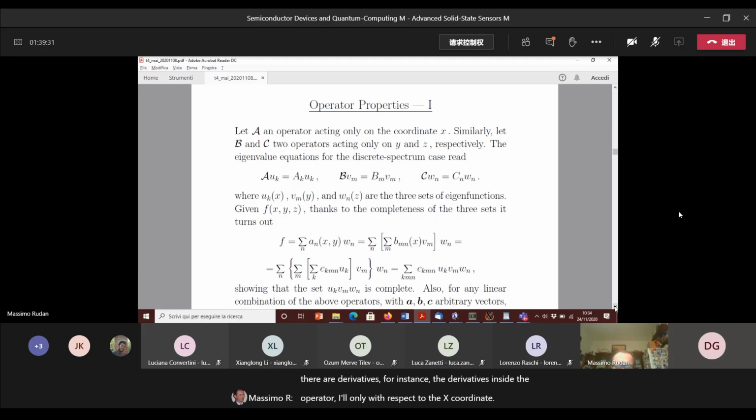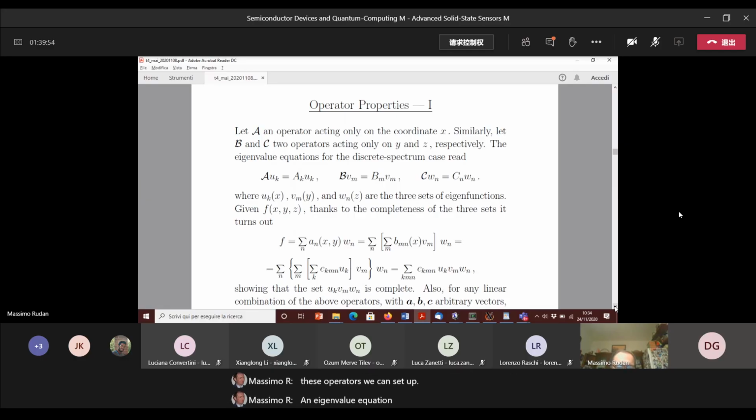Then consider a second operator, B, that acts only on the y coordinate, and another operator, C, that acts only on the z coordinate, okay?